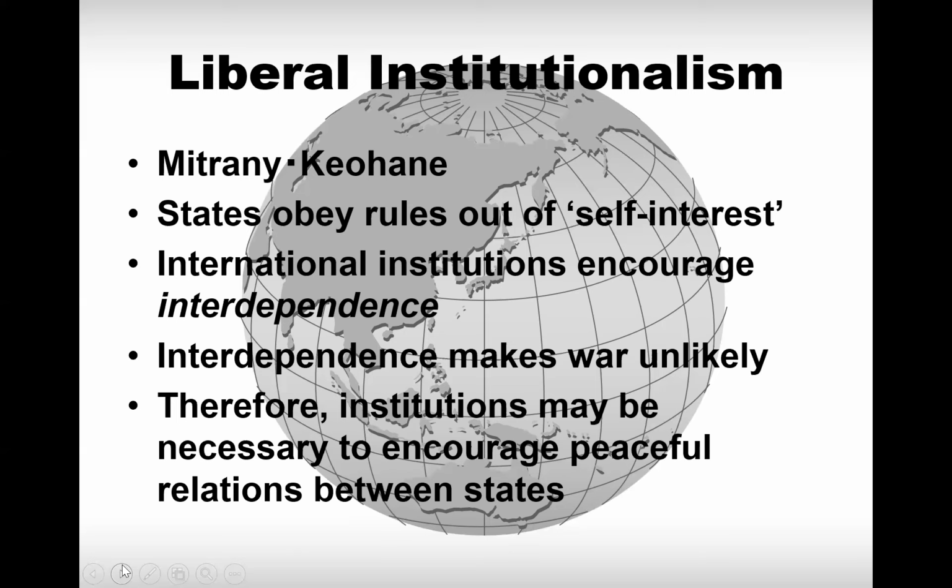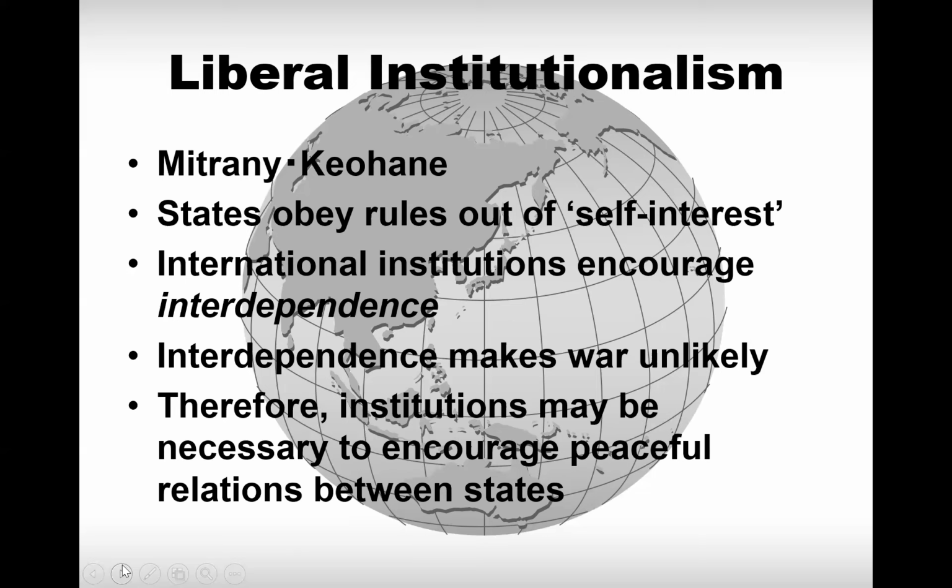So the liberal institutionalist argument is to say that basically we can have peace even if the basic units are not the same. In other words, even if states are illiberal and undemocratic, this does not necessarily mean that they will go to war with liberal democracies or that liberal democracies need to go to war with them.